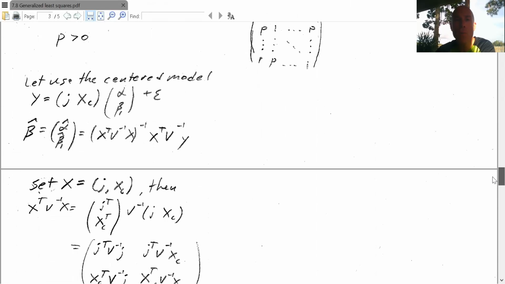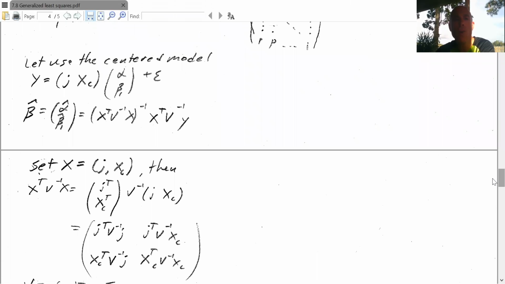And just to make it a little bit easier to work through, we're going to go ahead and use a centered model. So we're going to say that y is equal to J, centered X times alpha, beta 1 plus epsilon. So this is just the same betas that we would get in ordinary least squares. All right, well, if I apply the estimate, I just used what we worked out a moment ago, we get this.